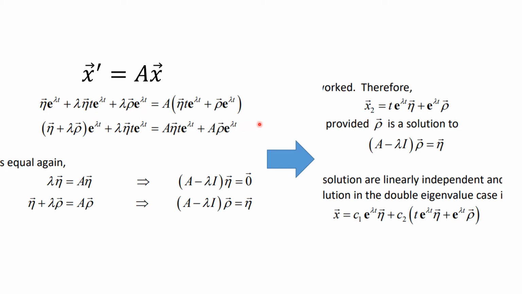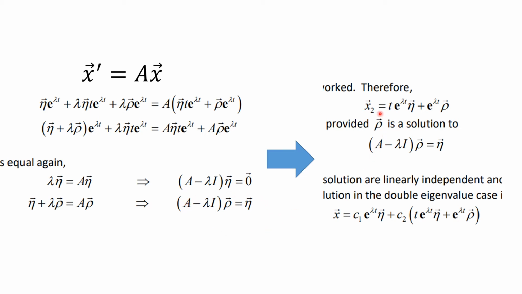If we move everything to the right hand side, we have the 0 vector over here, so I can set all the coefficients equal to 0. This is equal to 0, but we knew that since that was an eigenvalue. But then to make this one equal to 0, this has to be true, and that means that the vector rho is a solution of this set of equations.